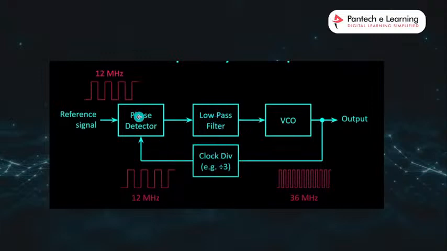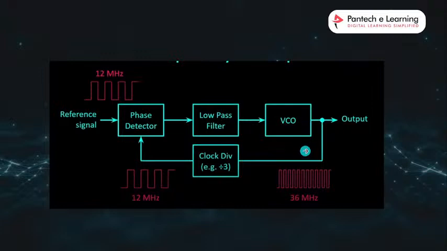In this block, the outputs like the VCO output and the input oscillator input are compared, and both clocks are matched, giving the required output and passing it to the low pass filter, and we can get the output from this VCO output.